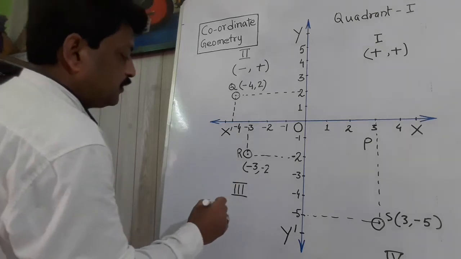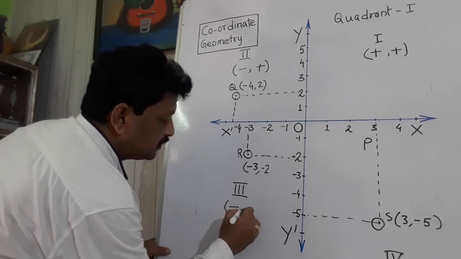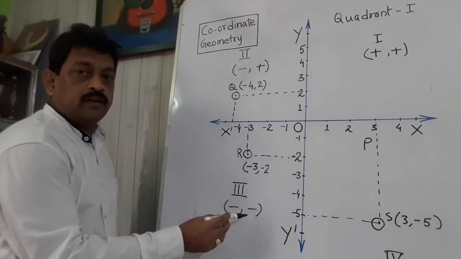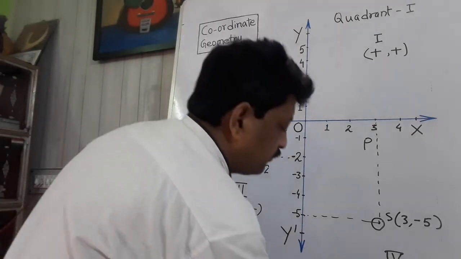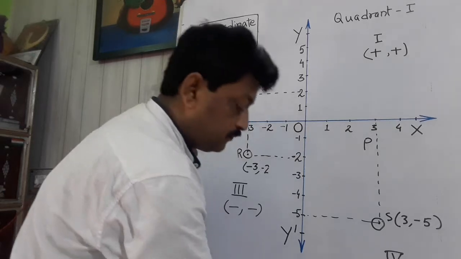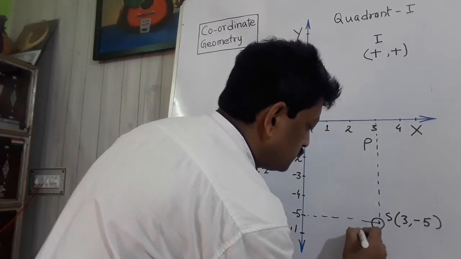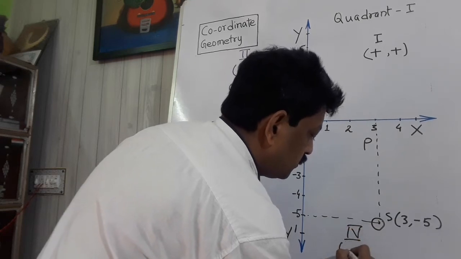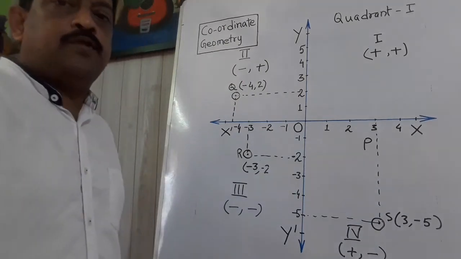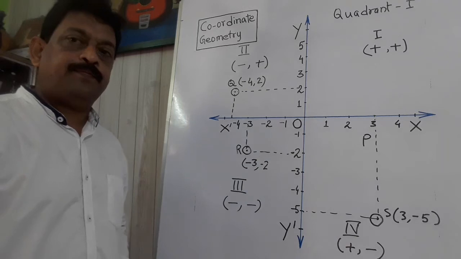If any point is to be located in the third quadrant, then it is in the form minus minus, that is both abscissa and ordinate are negative, and in the fourth quadrant it is positive, negative, that is the abscissa is positive and ordinate is negative.